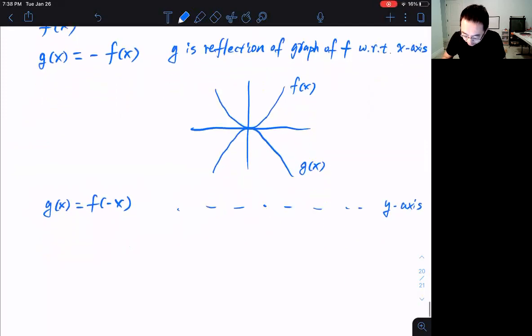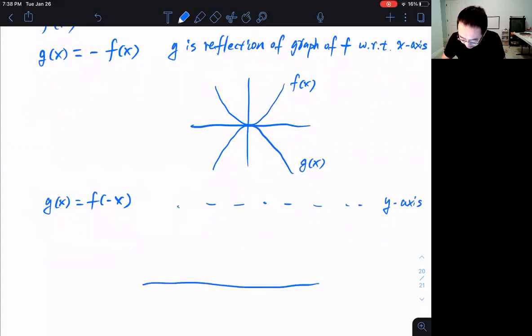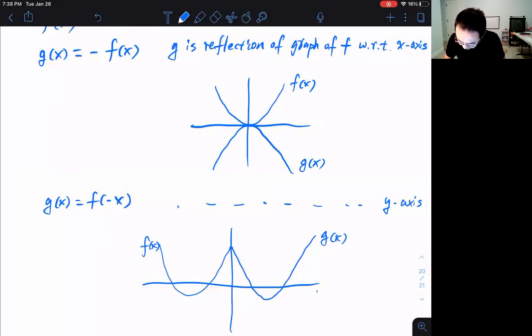Okay, so if f of x is something like this, then g of x would look something like this. You just flip it around the y-axis.